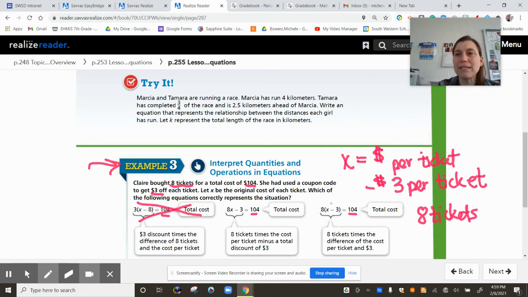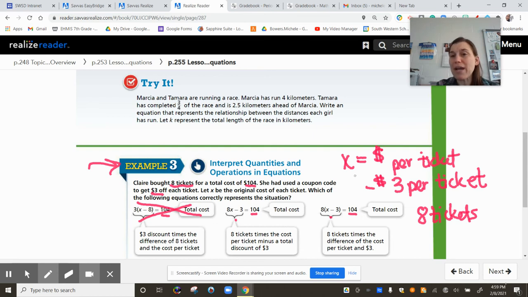So now I'm down to these 2. What's the difference between this equation and this equation? Well, in this one, they're saying first, you're going to multiply 8 times X and then subtract 3 one time. So that's like one discount. But the discount was $3 off each ticket.